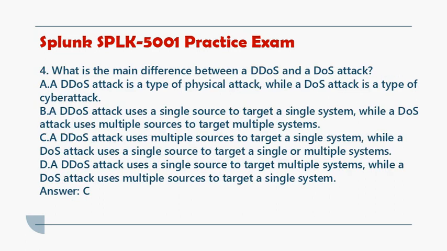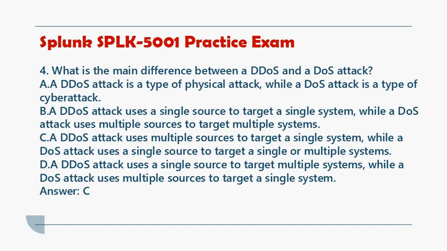4. What is the main difference between a DDoS and a DOS attack? A. A DDoS attack is a type of physical attack, while a DOS attack is a type of cyber attack. B. A DDoS attack uses a single source to target a single system, while a DOS attack uses multiple sources to target multiple systems.